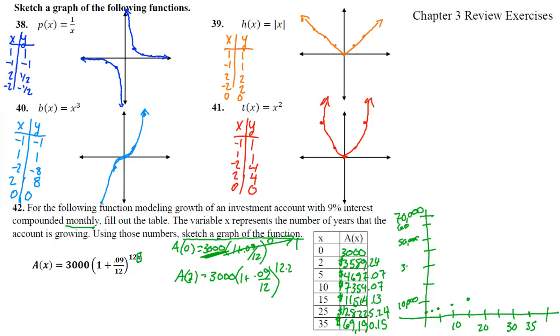So here's our 30,000 mark. See how it starts to really pick up? Exponential growth here. And then 35 is up at 70,000. So it ends up looking like this. And that's what exponential growth is. And it probably has some wiggles in there if it was in a mutual fund. All righty. Excellent. That's 38 through 42.